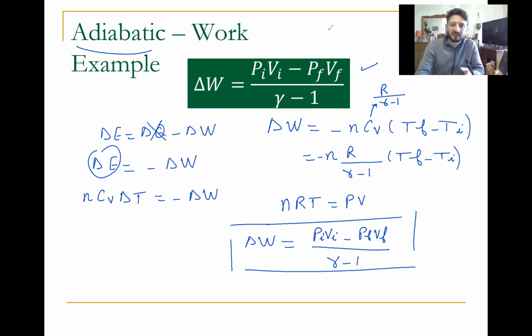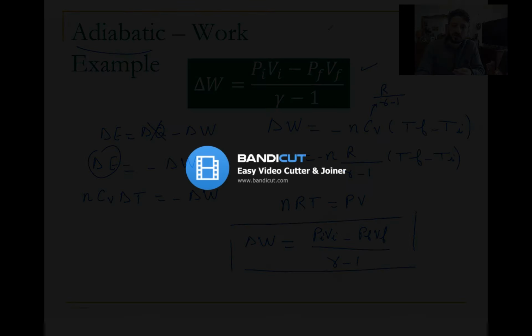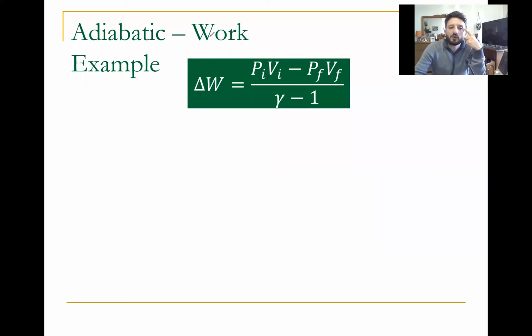What is the second method? Now we have to use the second method. We start with W equals the integral of P dV. You know, in the case of an adiabatic process, we have a relation between P and V, where P initial V initial, or in general, we can say P V^gamma equals constant.